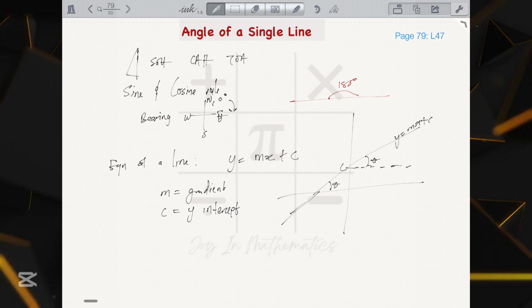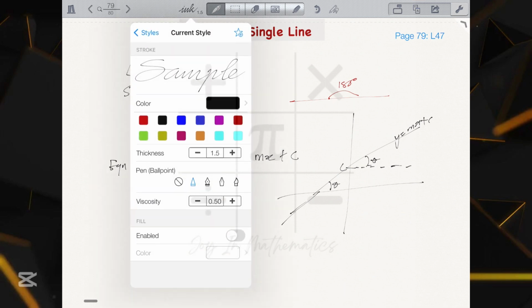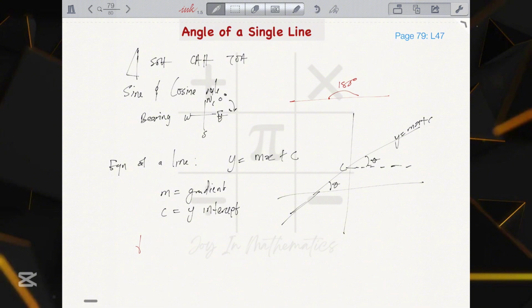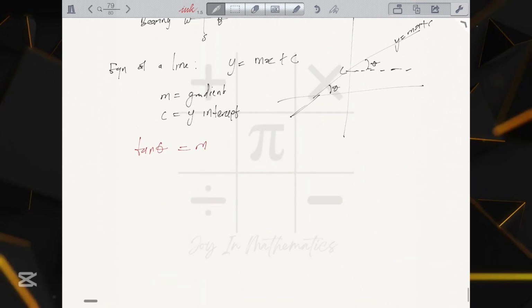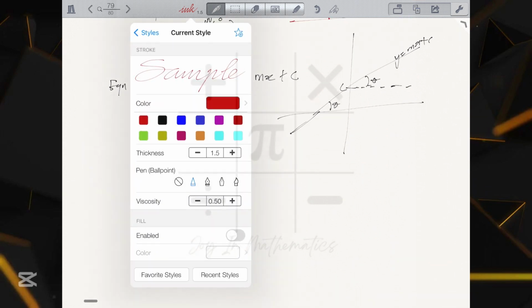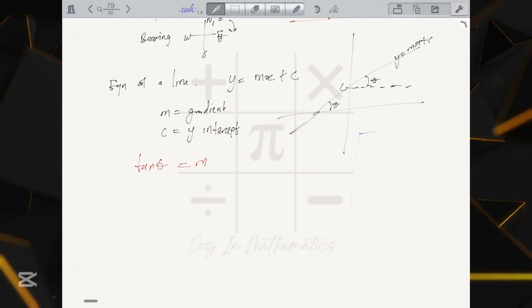Now, how do we get that? The expression that we are going to use is simple: tan theta equals the gradient. And when we use this expression, we are reminded of the inverse trigonometric functions. If sine x equals a, then x equals arc sine of a.